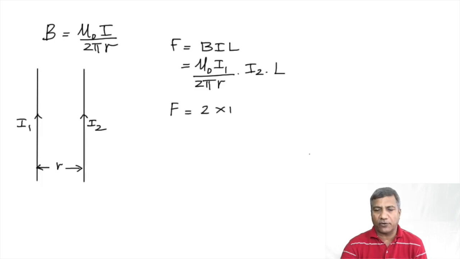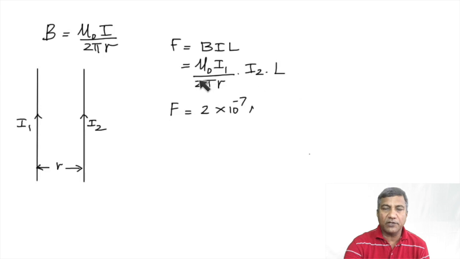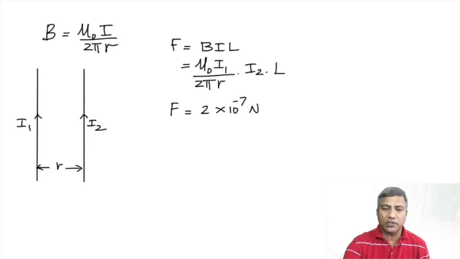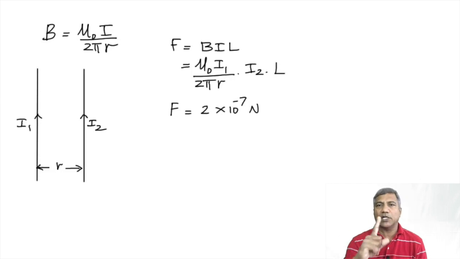So we get the formula for force here, and then if we assume that I1 and I2 are 1 and the length of the conductor is 1, and also that the distance is 1 meter, so we make I1, I2, L and R, all of them 1.